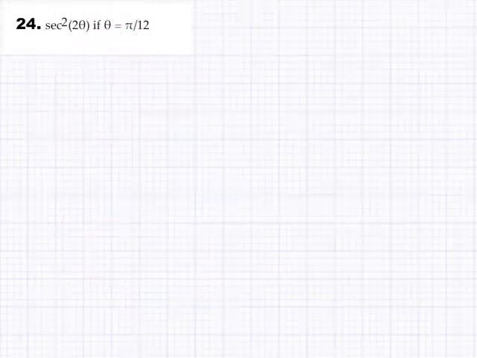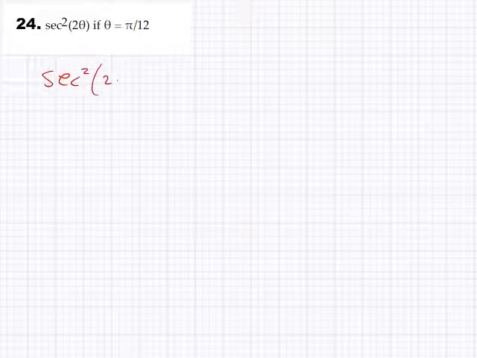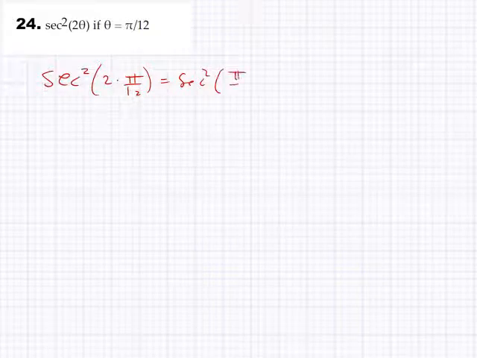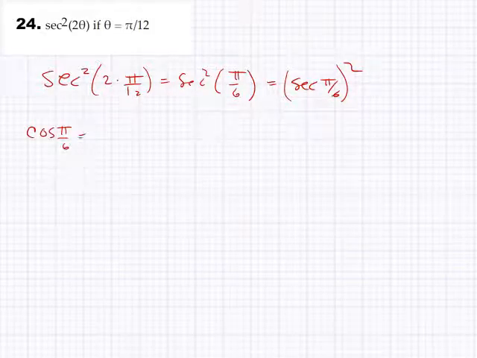So in that case, this should be negative square root of 3. Here we want to evaluate secant squared of 2 theta if theta is pi twelfths. So we'll just plug it in, see what you get. Secant squared of 2 times pi twelfths would give you secant squared of pi sixths. Remember, this is the same thing as saying the secant of pi sixths all squared. So we just need to be able to do the secant of pi sixths. Well, again, if you know the cosine of pi sixths, then you should be able to do the secant of pi sixths.